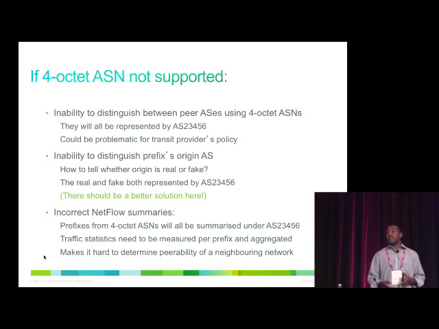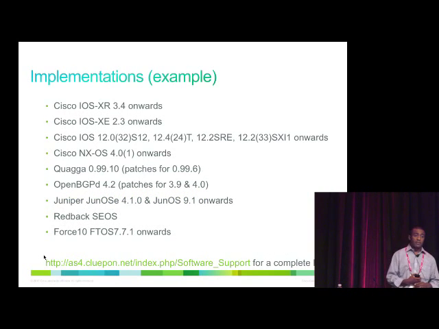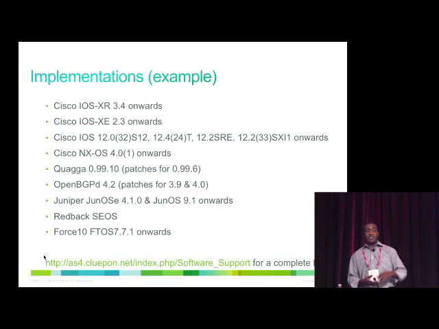Another one is incorrect NetFlow summary if you use NetFlow based on AS number. As you can see, the complete list of vendors is shown in that link, and most vendors have been supporting it for quite some time.